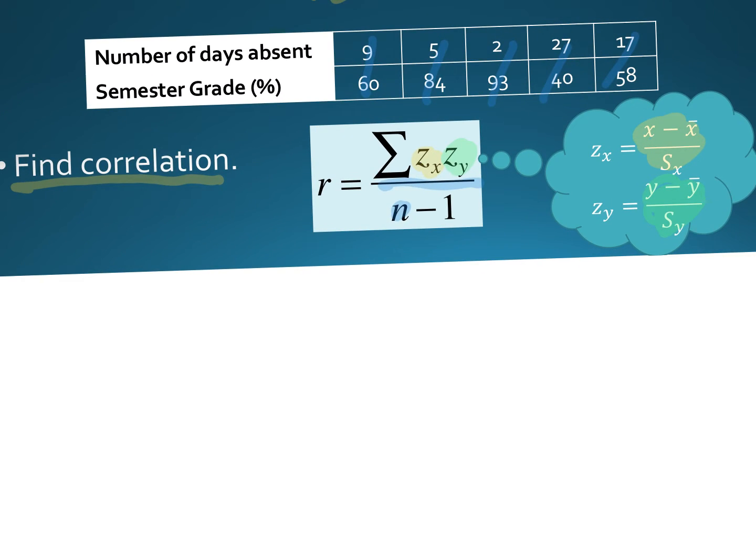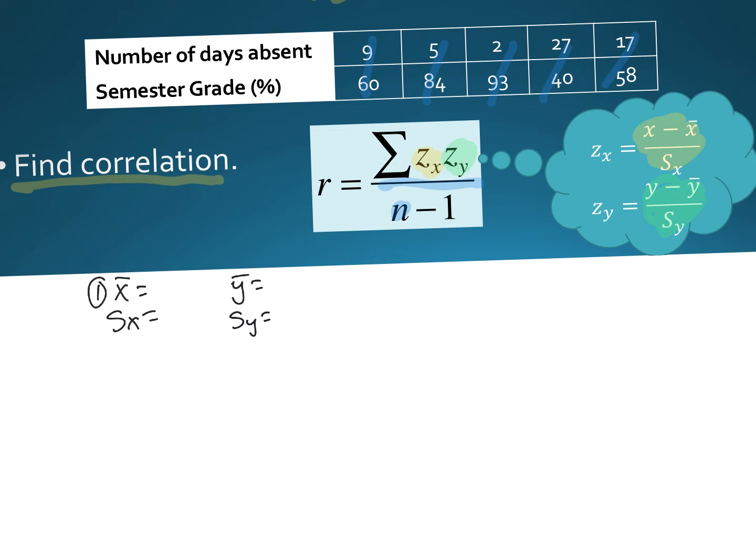When we go about doing this process, the first thing that we will do is find our mean and standard deviation for x and for y. You can do that using Desmos, or you can use a graphing calculator.